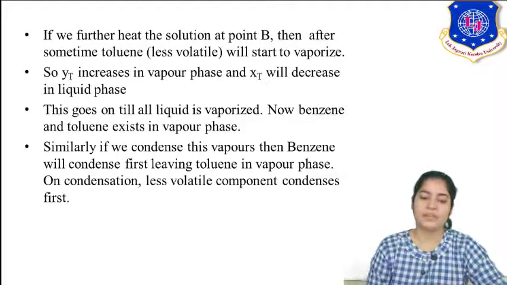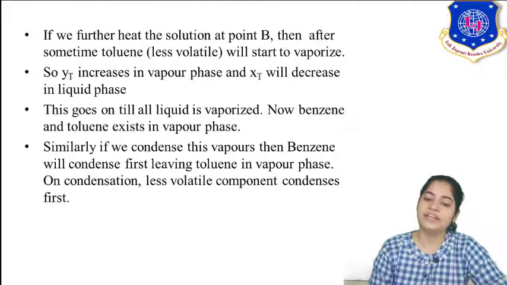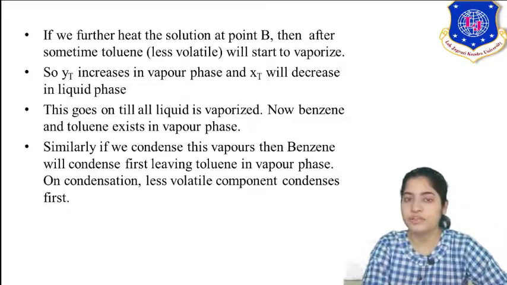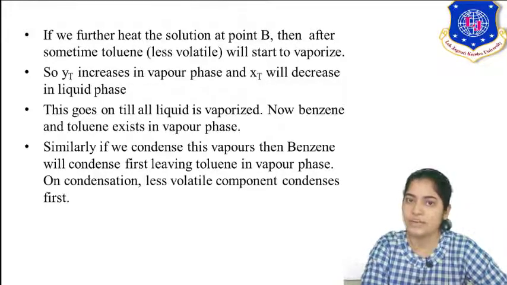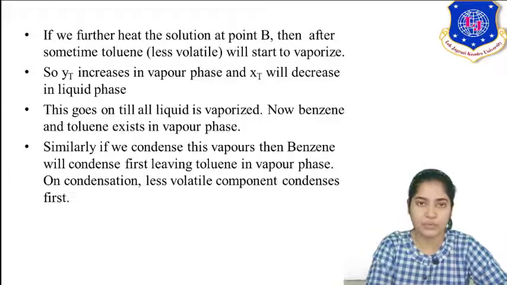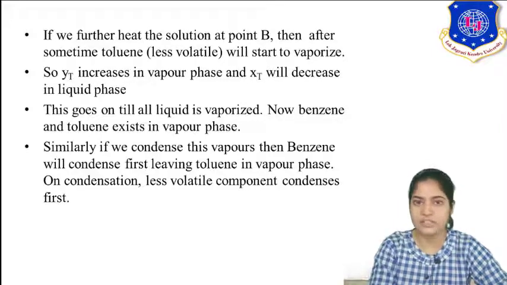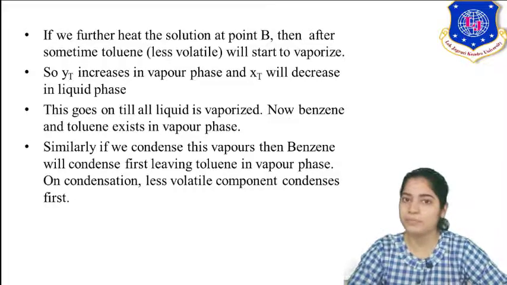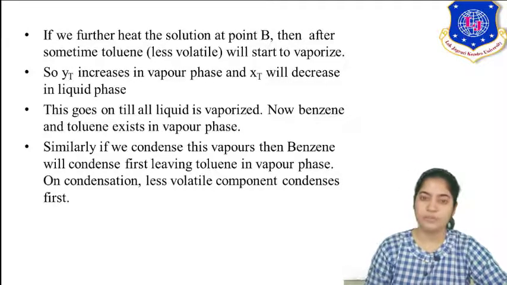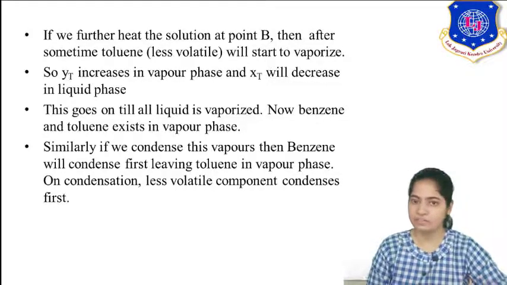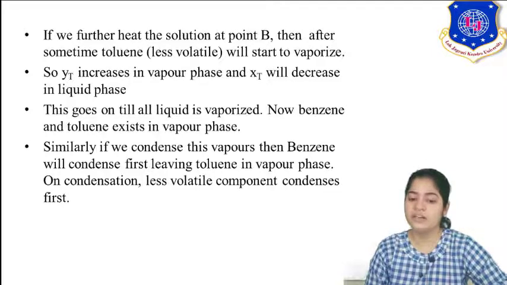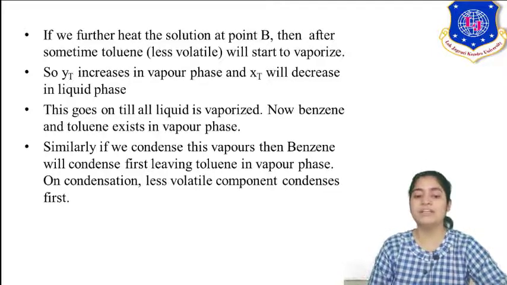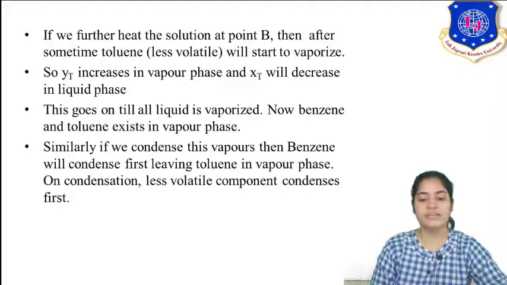Now similarly, if we condense this vapor, as in the initial slides you saw, when my total liquid is totally vaporized into vapor phase, now I have YB and YT. When I start the condensation process, both of my components are in vapor phase. Initially benzene will condense first.